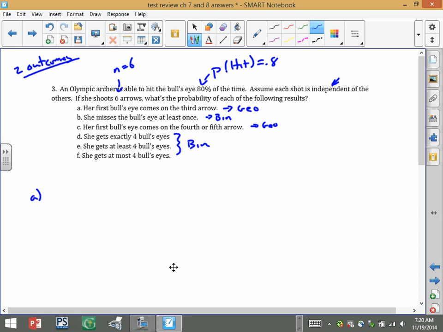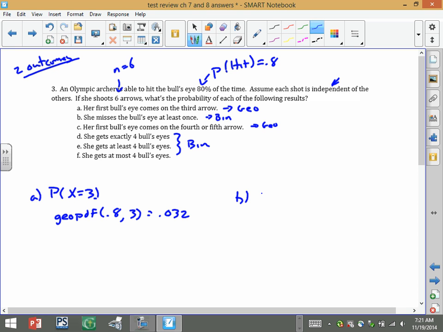So for part A, first bullseye comes on the 3rd arrow, so the probability that x equals 3. So that's geometric PDF, it's a particular value, and so it's 0.8, comma 3, and that value, if you plug it into the calculator, should be 0.032. For part B, she misses the bullseye at least once.